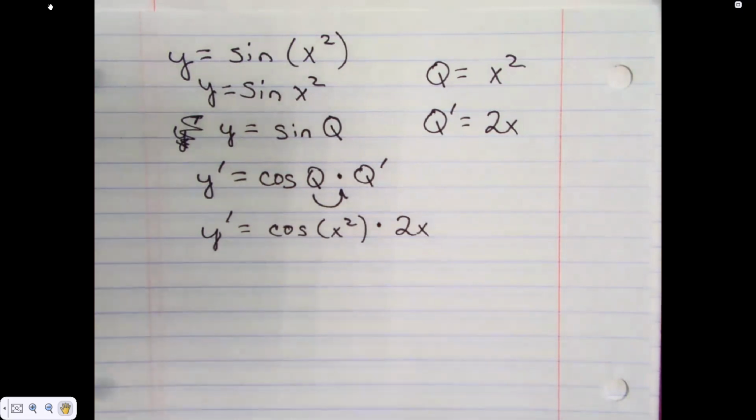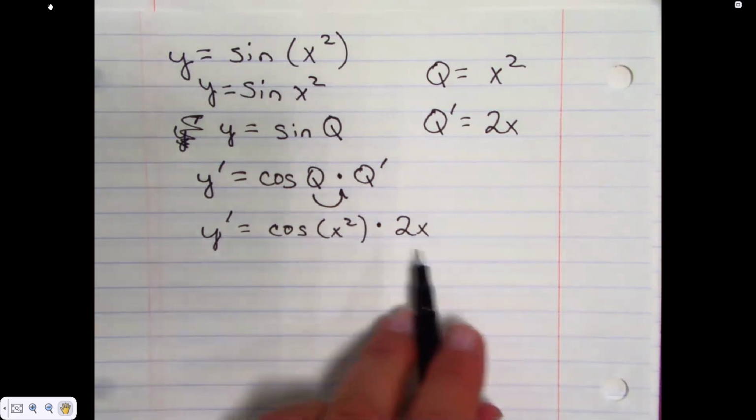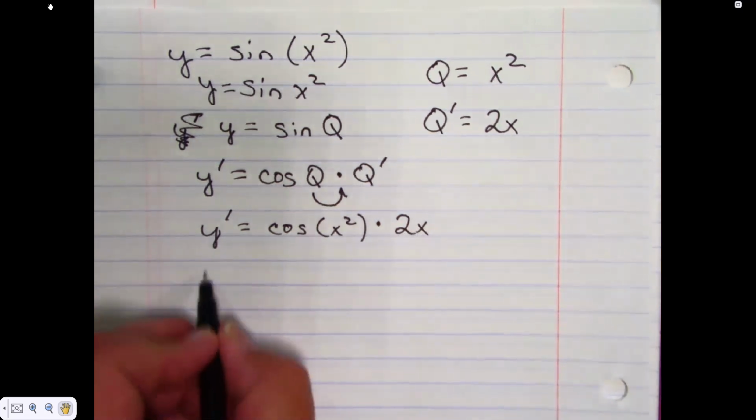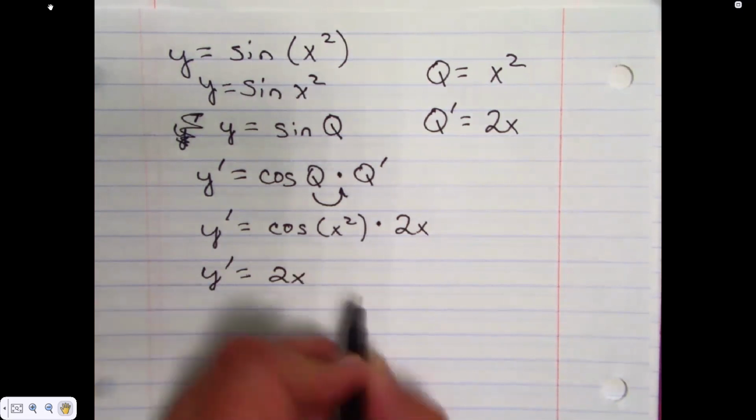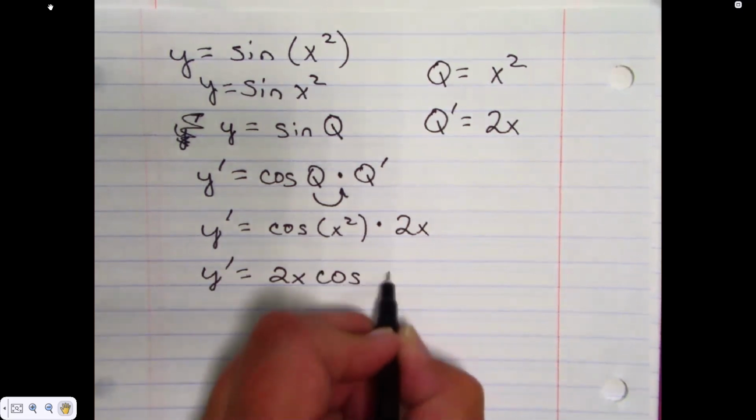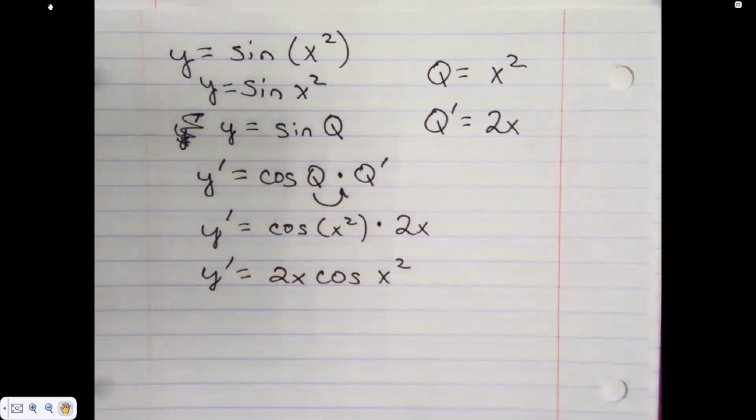So just replace them. Once you've taken the derivative with all those q's, then just find your q, put that back in, find your derivative, put that back in. That's it. Maybe I would write that first, but that's fine. You could just write 2x first and then cosine. Again, if I get lazy and don't put parentheses.